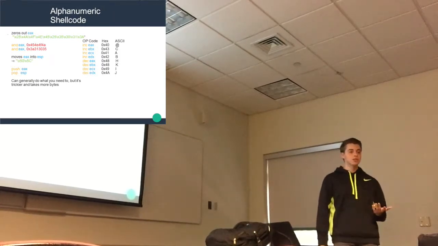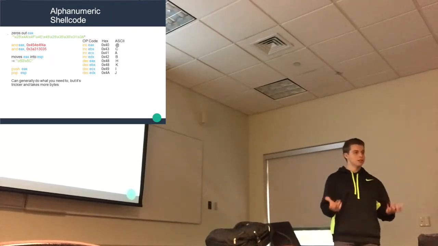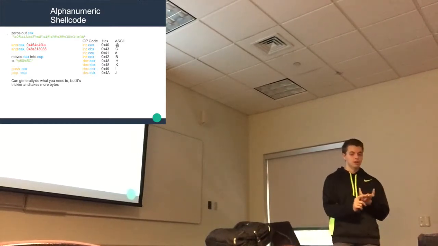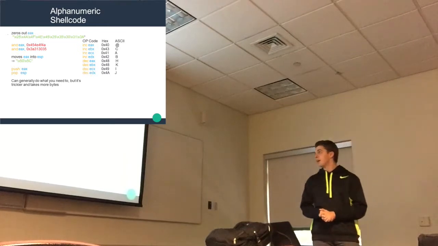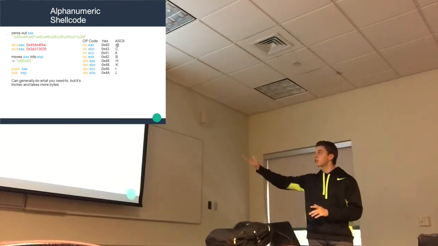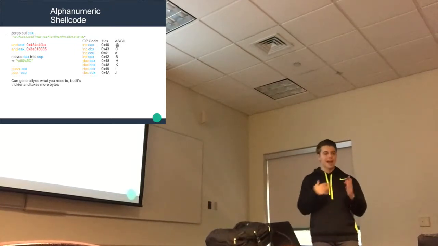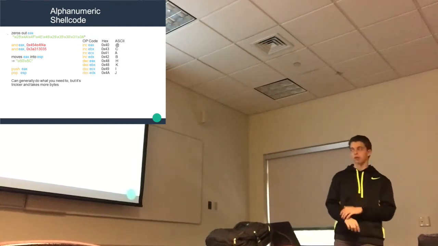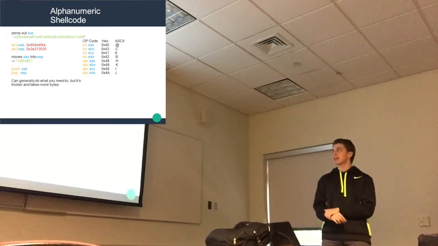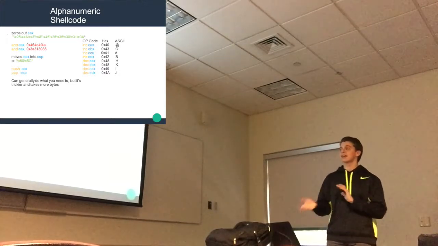EAX is a register that you would frequently need for a syscall. So if you're trying to read the flag, or run exec for binsh, you could, for example, increment a register or decrement a register instead of straight up adding 4 or subtracting 4, because we can represent each of those instructions as ASCII values.